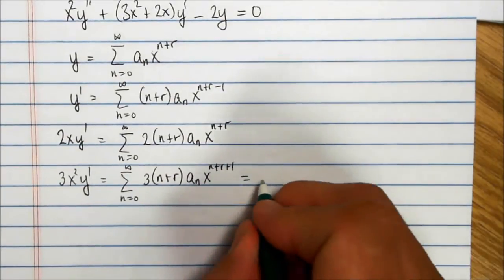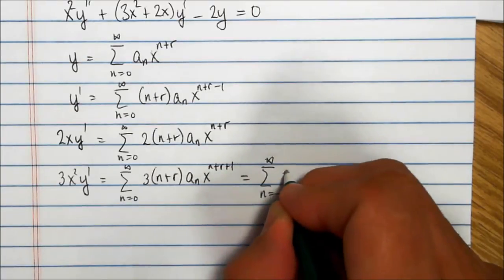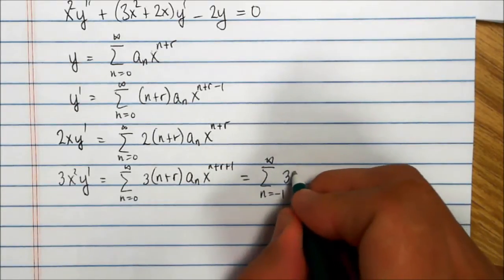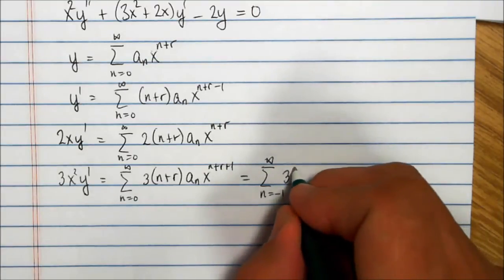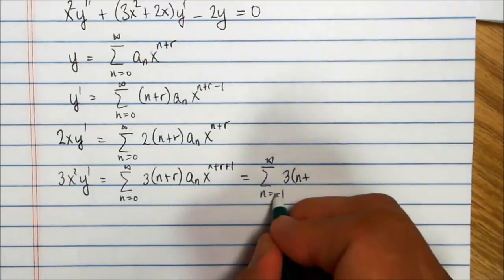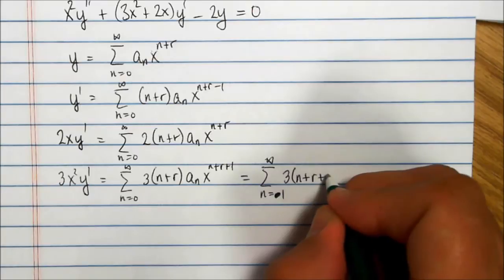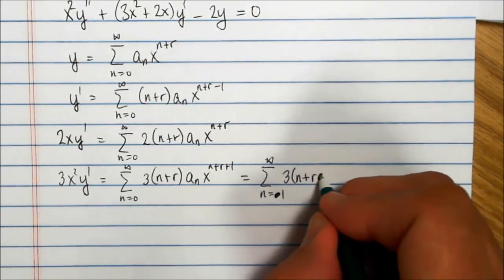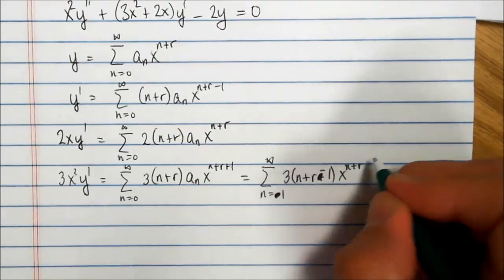Okay, now I have to shift the index, so this is going to take me to n equals 1 to infinity of 3 times (n plus r plus 1)... sorry, I got it backwards. N equals 1, and it's n plus r minus 1 here. Then x to the n plus r.